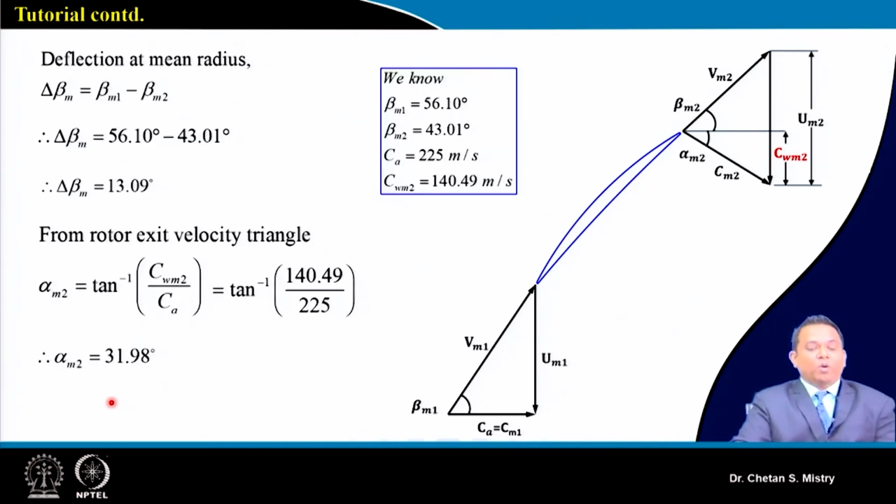This gives me delta beta, which at mid station is 13.09. Same way we can calculate alpha 2 and C2, because those parameters are required when we do our design for the stator. Tan alpha 2 is given by Cw by Ca, and my alpha 2 is coming 31.98 degree.